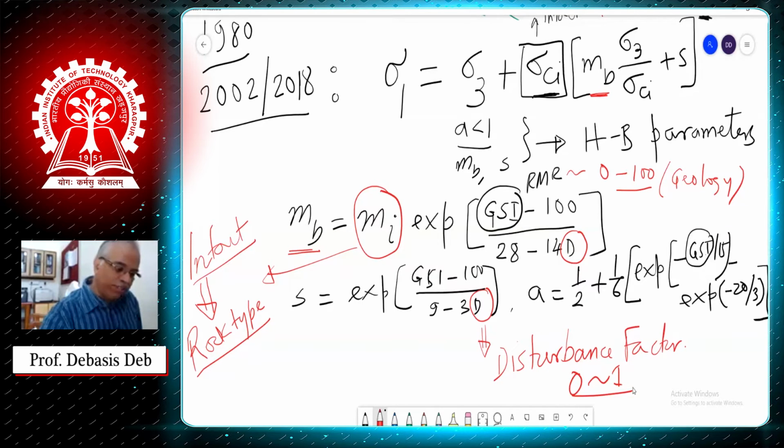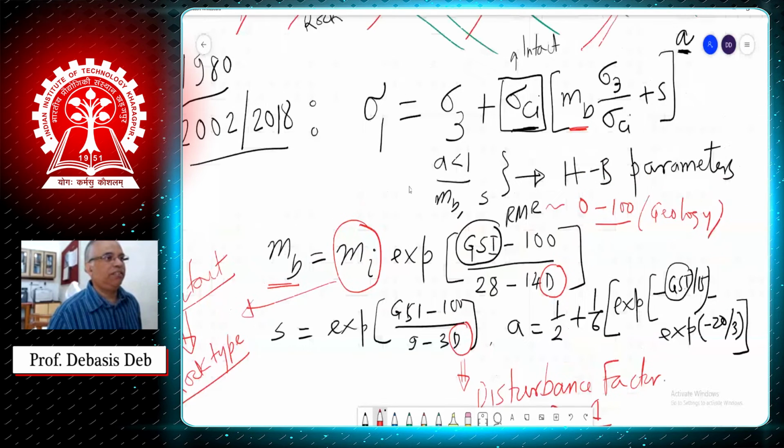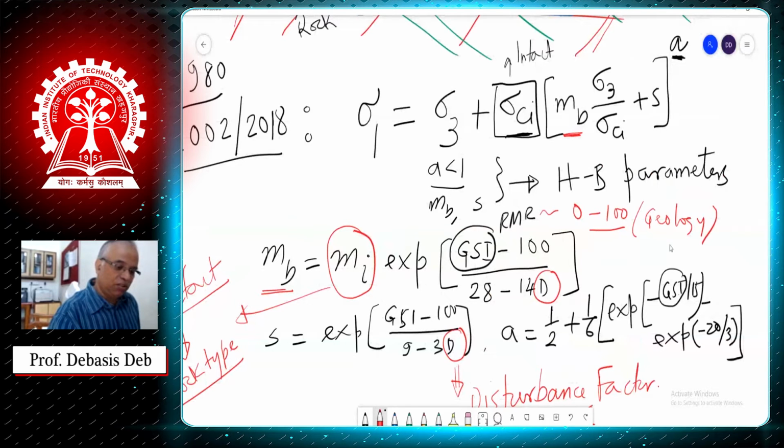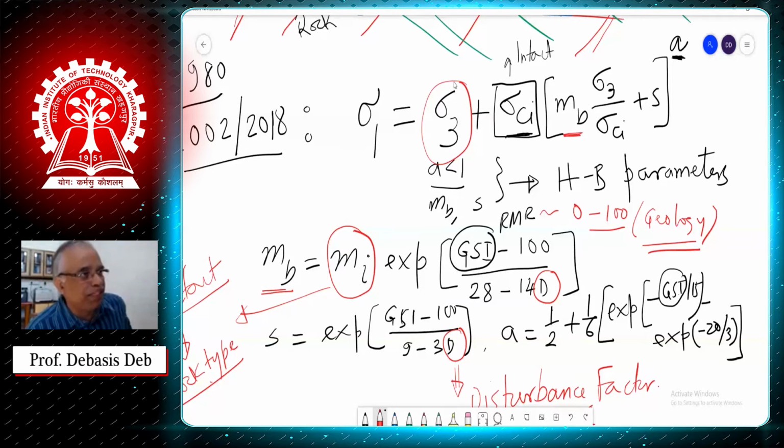So you see now in this equation, what do we have? We have geology, we have rock type, we have blasting. Sigma Ci is the strength of the intact rock, so we have strength. And this sigma 3 is nothing but the confinement, or we can also say this relates to in situ stress, because the in situ horizontal stress gives us the confinement.